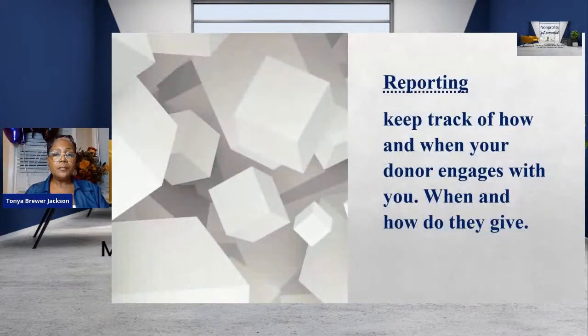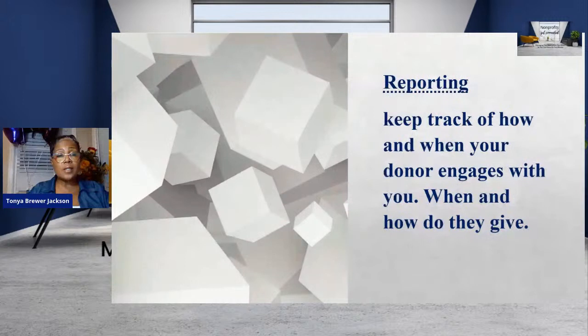The next feature that I'm going to go over is reporting. Reporting keeps track of how and when your donor engages with you, when and how they give. And there are some reports that you're going to run over and over and over again.